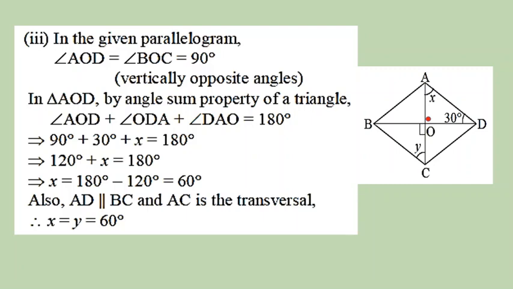AD is parallel to BC, no? So you can see the Z shape here. Alternate interior angles you have studied in your previous lines and angles lessons. So you will be able to understand that X and Y are alternate interior, so they happen to be equal. X is 60, Y is 60.